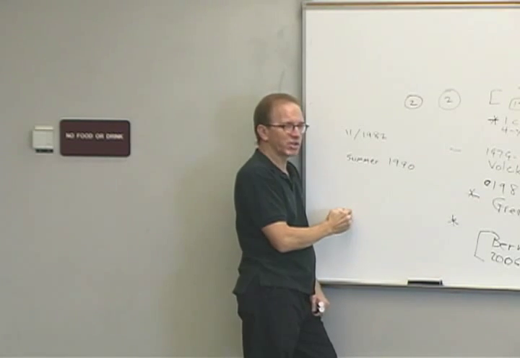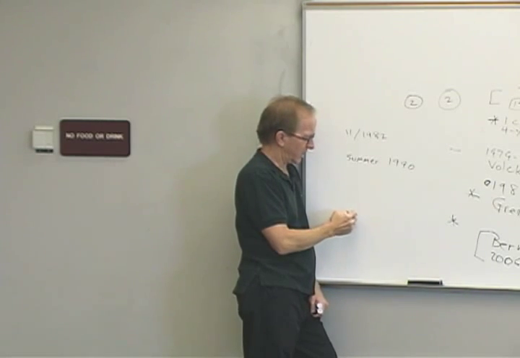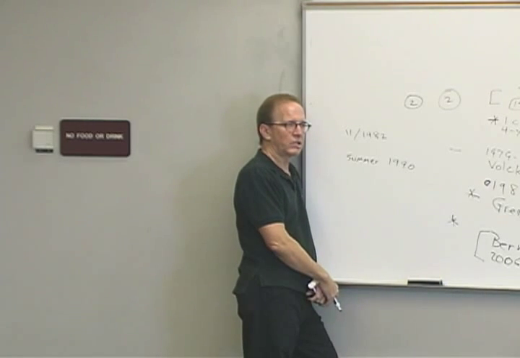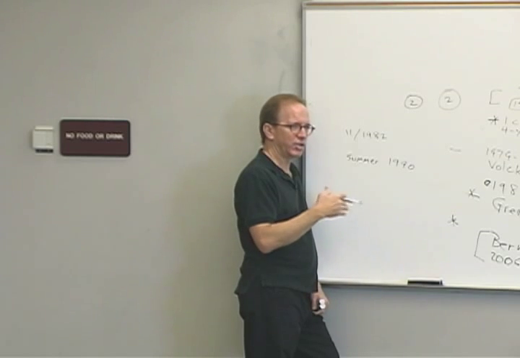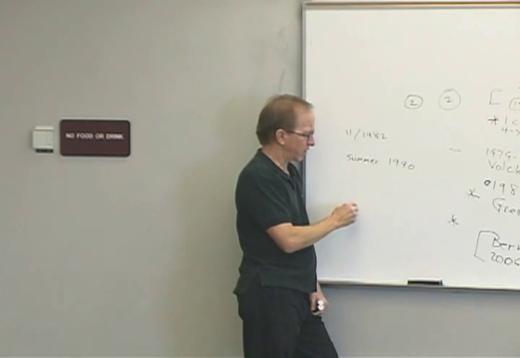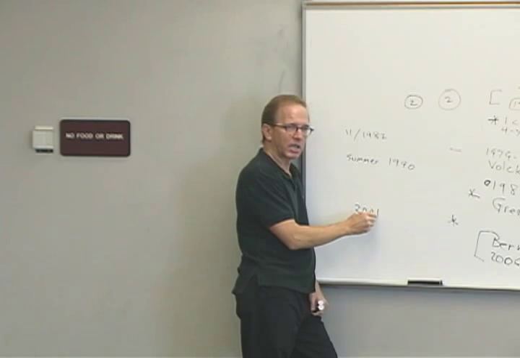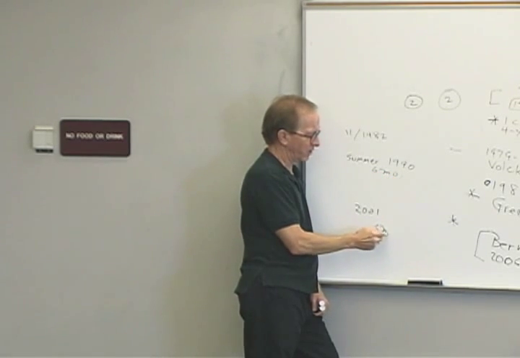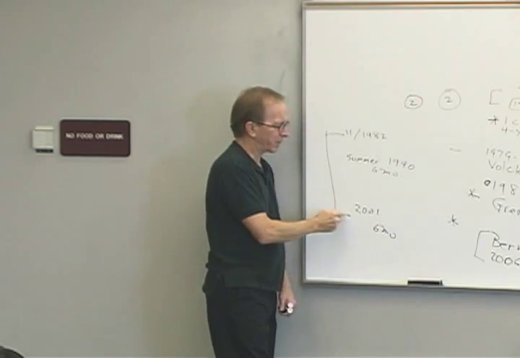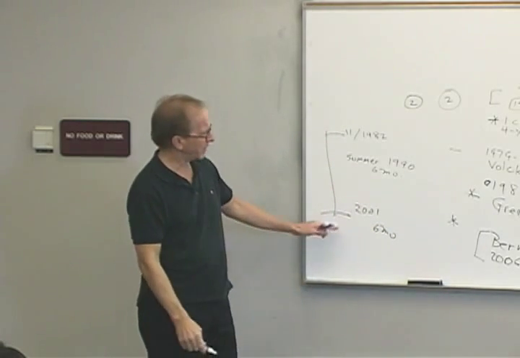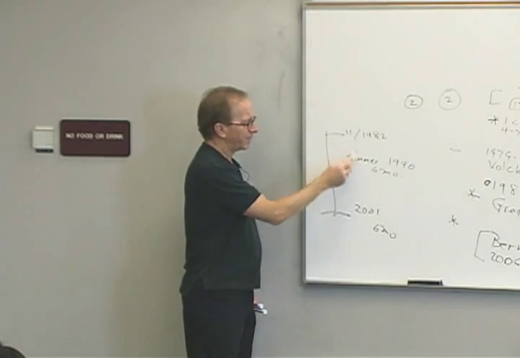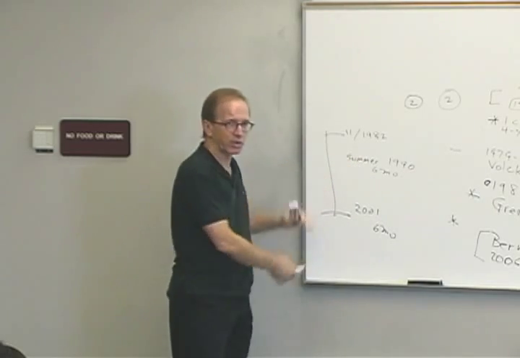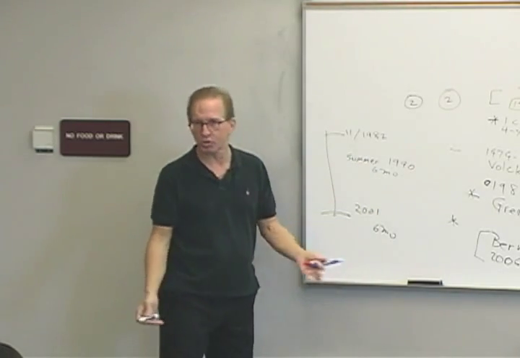The next recession started, I'm going to say in the winter, like January, February, of 2001. This recession was about 6 months long. This one was about 6 months long. And so what we had was a period of almost 20 years with two recessions, and each one was a short recession.